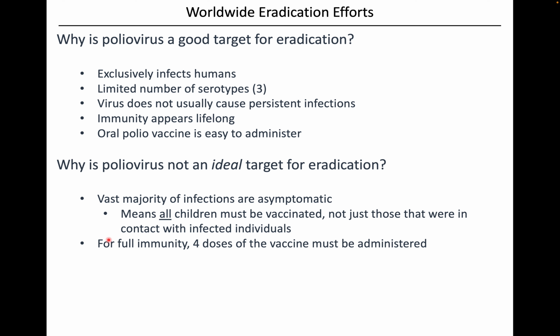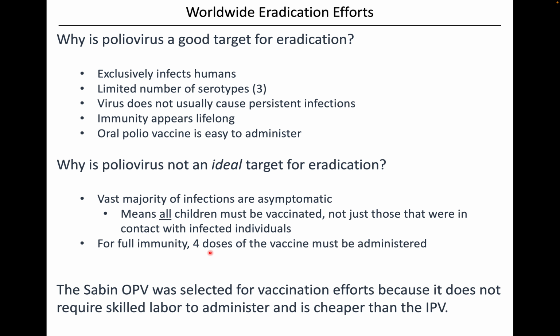And another downside is that you need multiple doses. They estimate typically 4 doses to get full immunity. So if you're talking about vaccinating every child on planet Earth 4 times, right, that's a huge logistic hurdle to overcome.